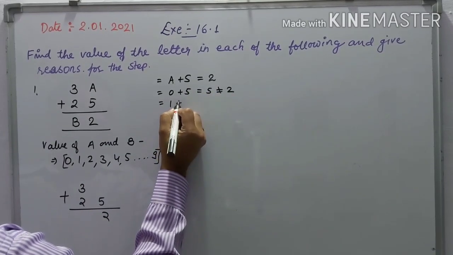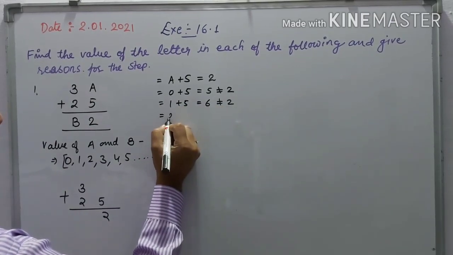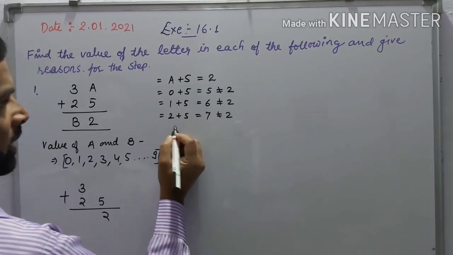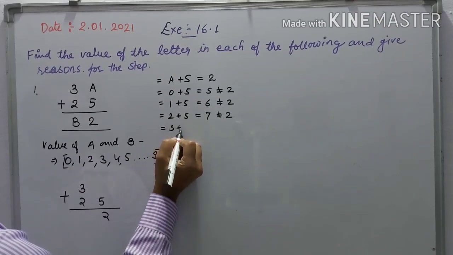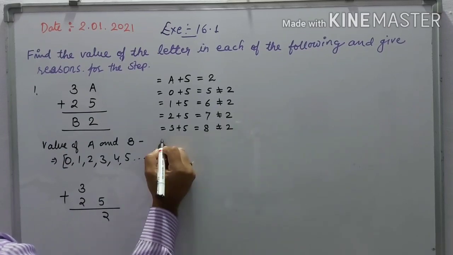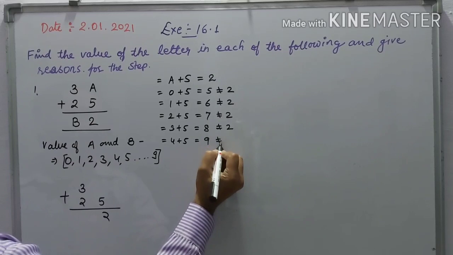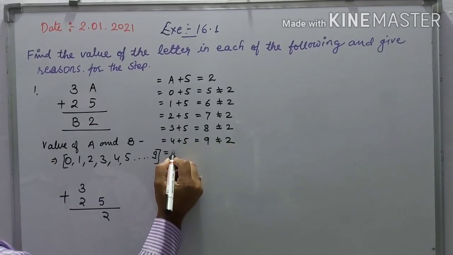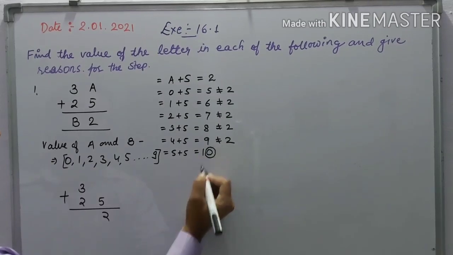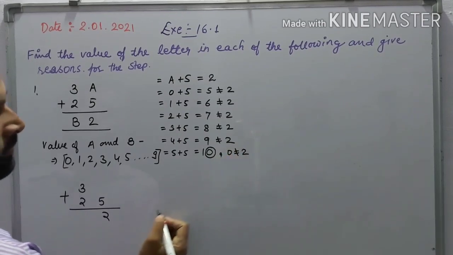And 1 plus 5 is equal to 6, not equal to 2. 2 plus 5 is equal to 7, not equal to 2. And 3 plus 5 is equal to 8, not equal to 2. And 4 plus 5 is equal to 9, not equal to 2. And next, 5 plus 5 is equal to 10, the unit digit is 0, which means 0 is not equal to 2.